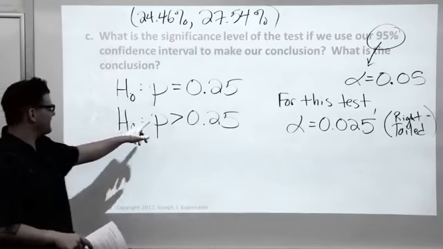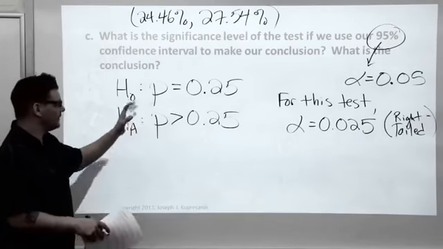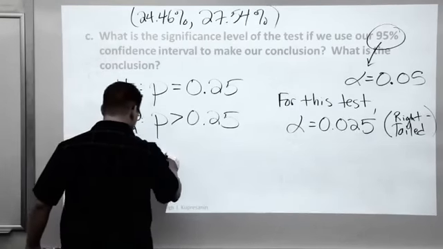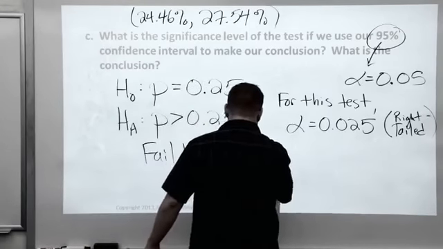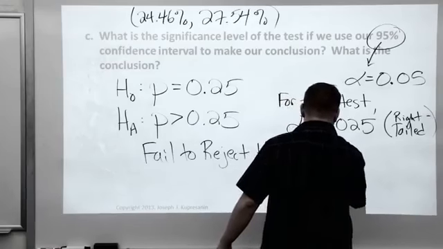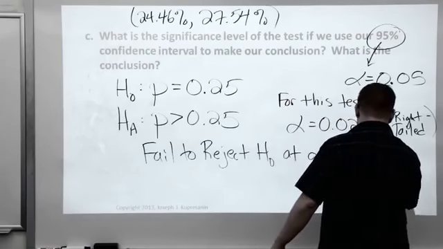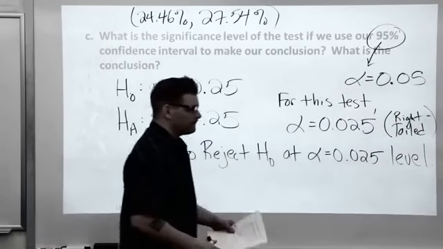And do I have evidence that P exceeds 25%? I don't. Fail to reject H0, and this would be at the alpha 0.025 level.